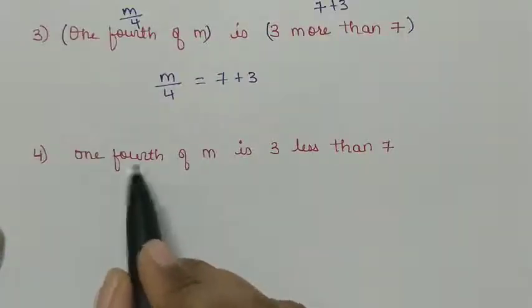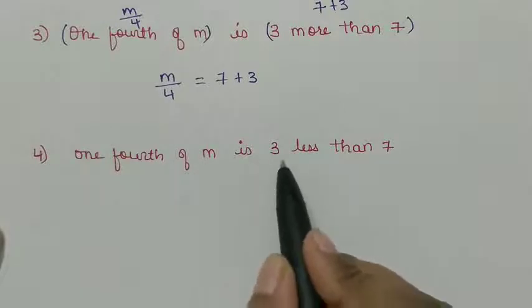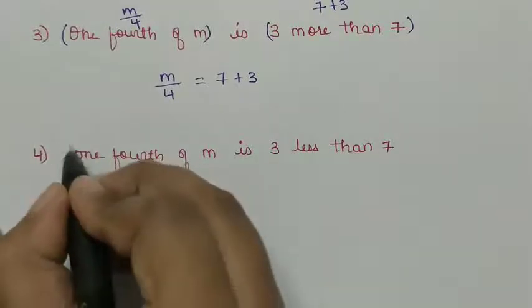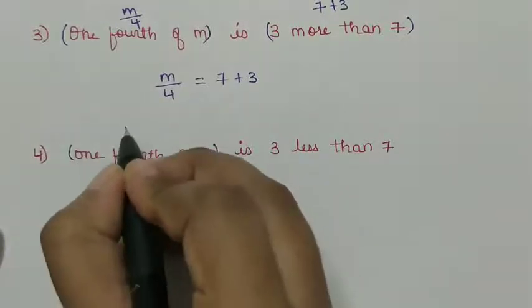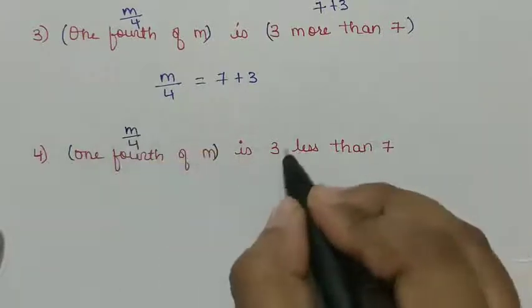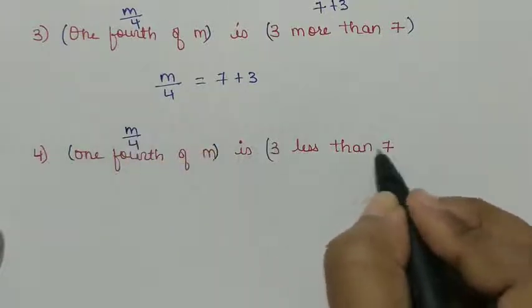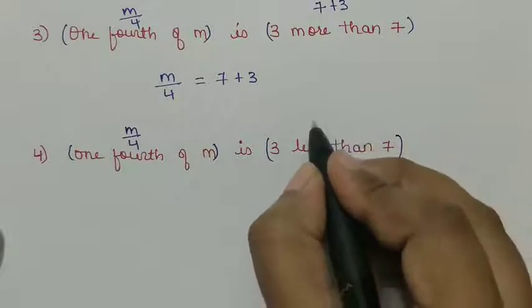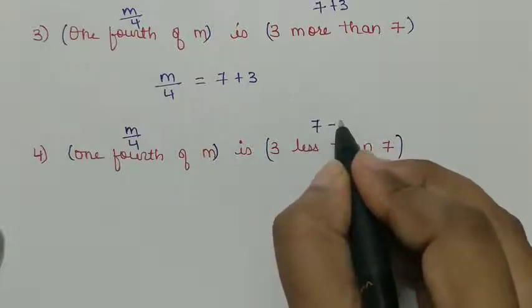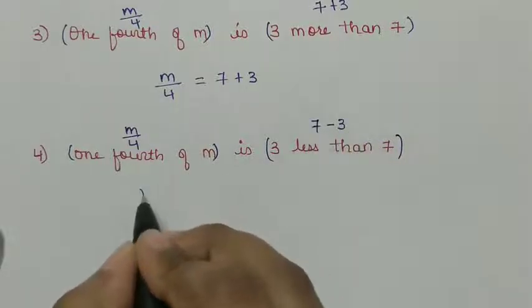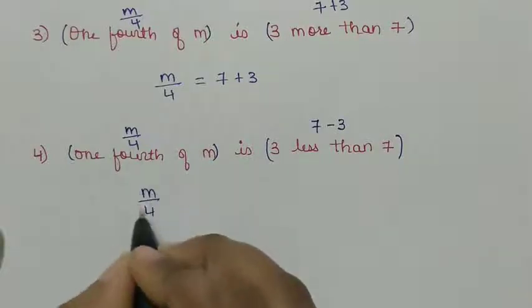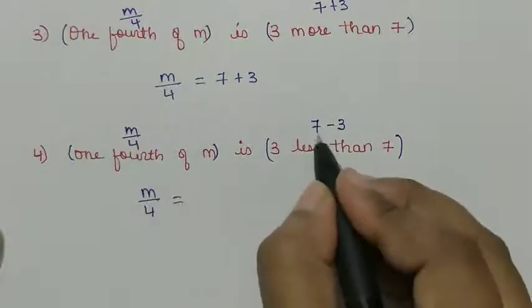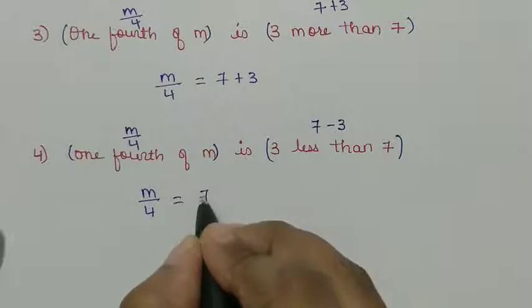Fourth one, 1/4 of m is 3 less than 7. 1/4 of m, m by 4, is 3 less than 7. That is 7 minus 3. Therefore, m by 4 is equal to 7 minus 3.